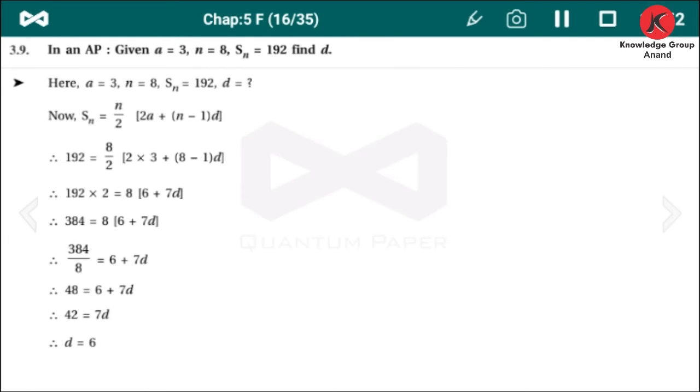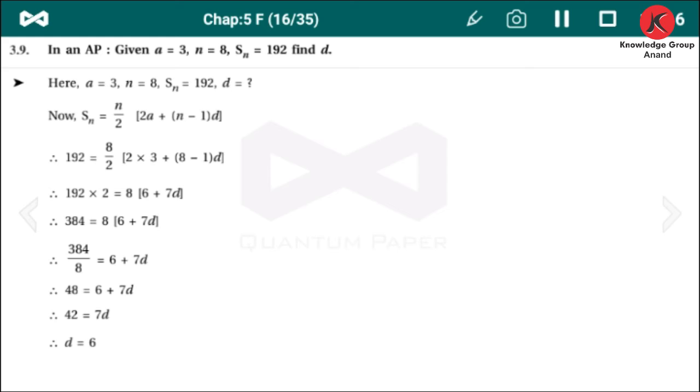Now question number 9, number 3. In an AP given a is equal to 3, n is equal to 8, Sn is equal to 192, find d. We use here the Sn formula, n by 2 into 2a plus n minus 1 into d. Put all values.